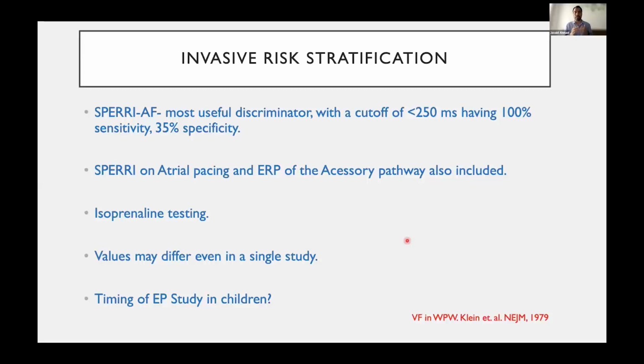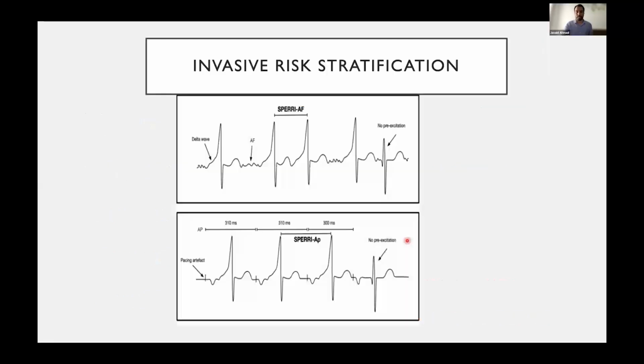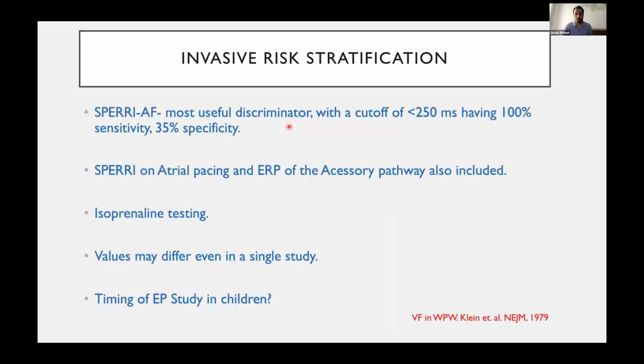It has been found that SPERI, the shortest pre-excited RR interval, meaning once you induce AF, the shortest cycle length between two RR intervals, gives us an estimate of the conduction velocity of this pathway. If this is less than 250 milliseconds, it is an indicator for sudden cardiac death.